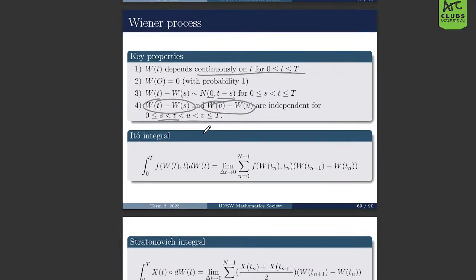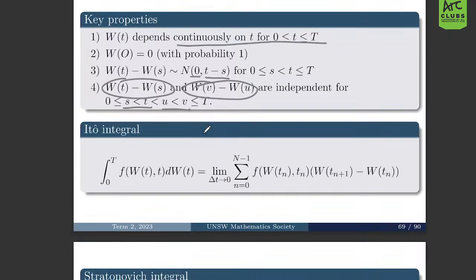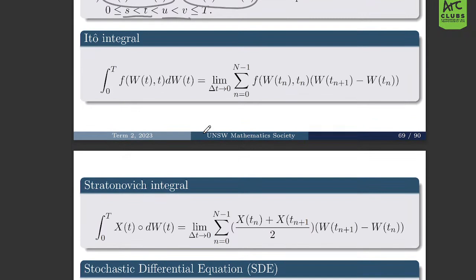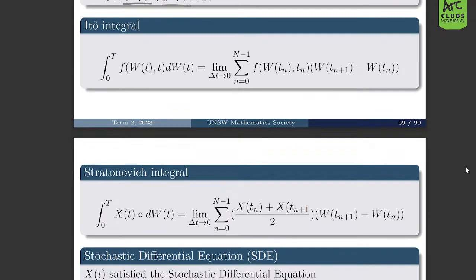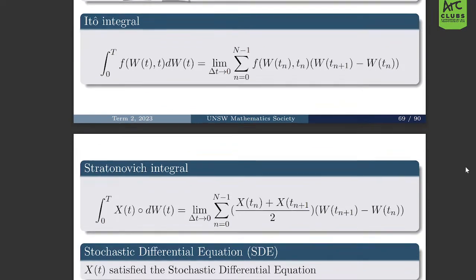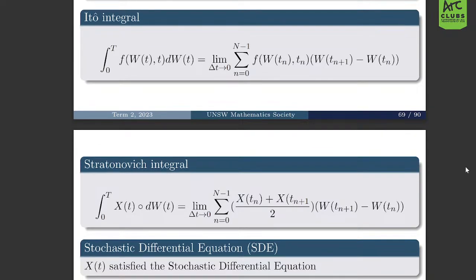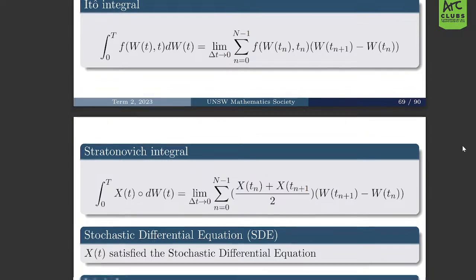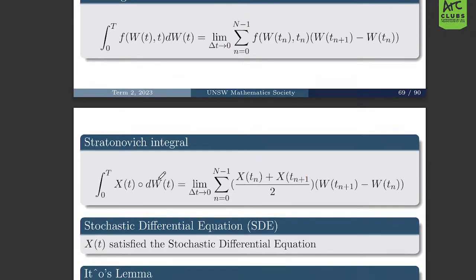And essentially, the Wiener process will lead on to two integrals, and it looks pretty complicated, and to be honest, I don't even know how to fully derive it myself. But what you have to know about these integrals are the Ito integral, and I'm not going to attempt pronouncing the other.